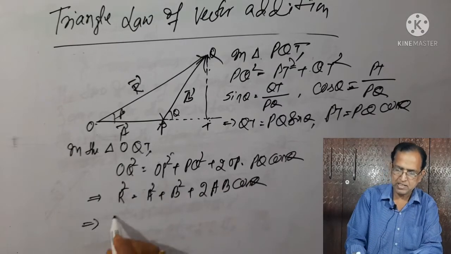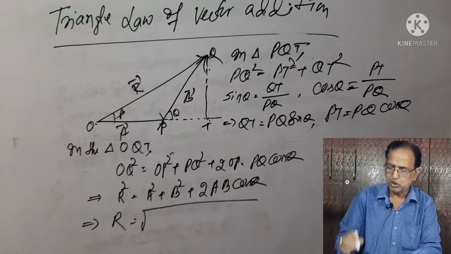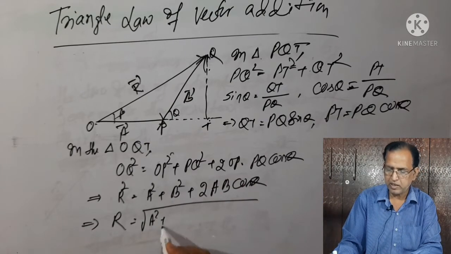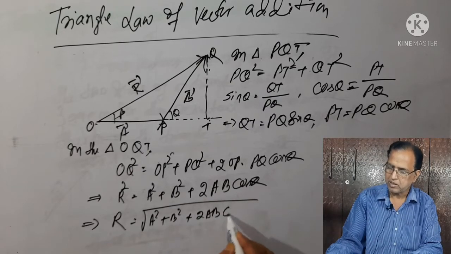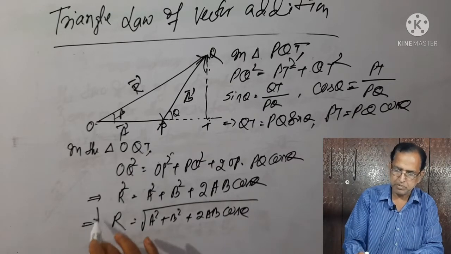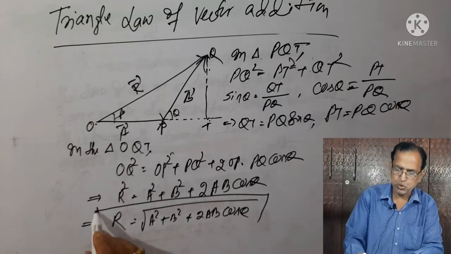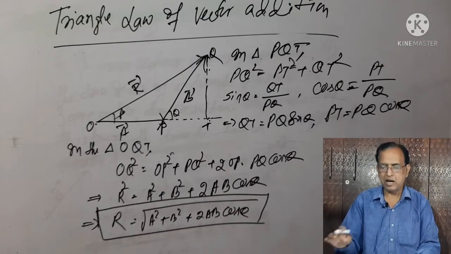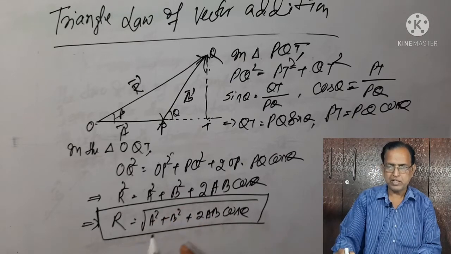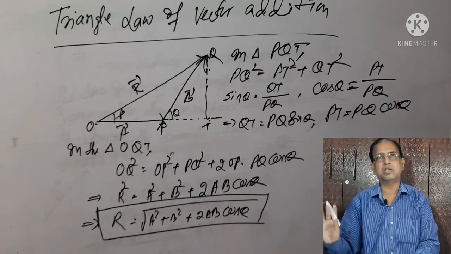So R is the square root of A square plus B square plus 2AB cos theta. This gives the magnitude of the resultant R.